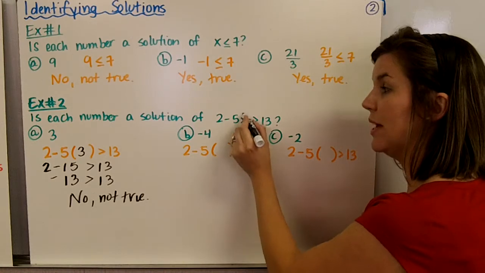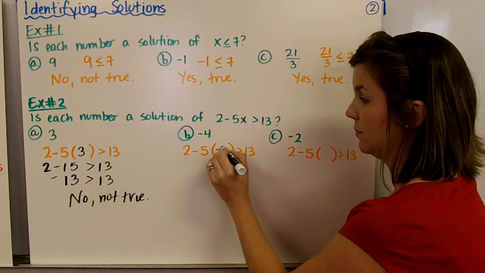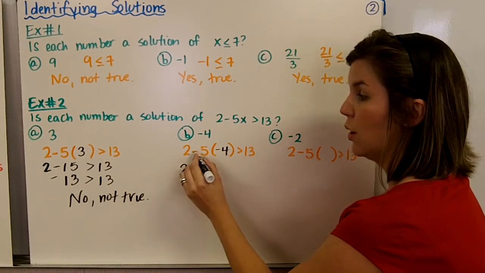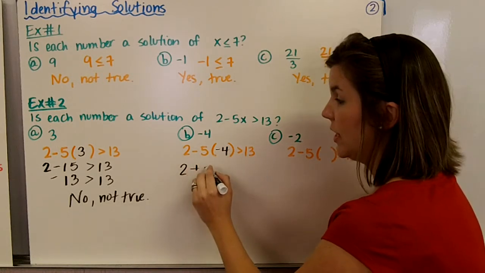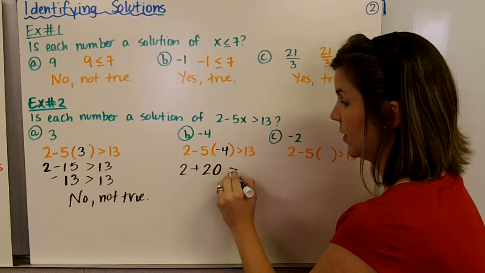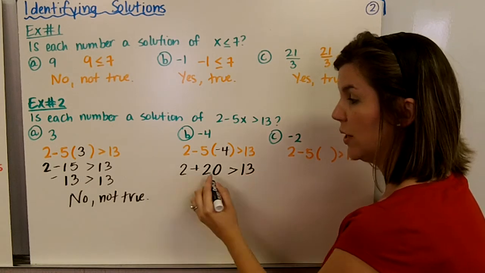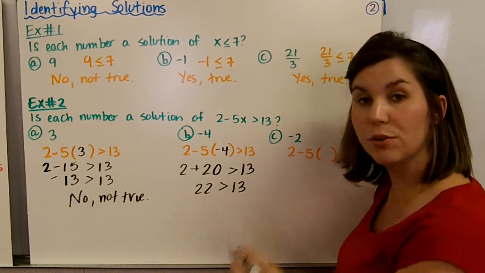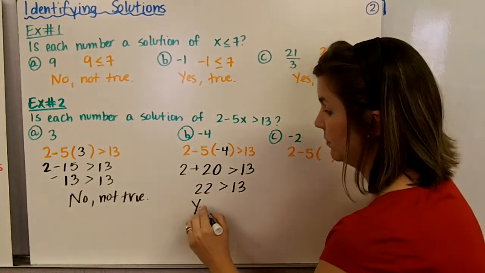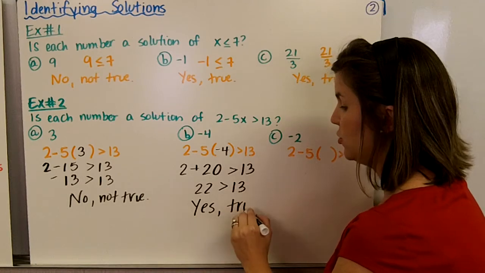-4. I'm going to substitute -4 where x was. 2 minus 5 times -4 is 20, greater than 13. 20 plus 2 is 22. Is 22 greater than 13? Yes. This makes it true.